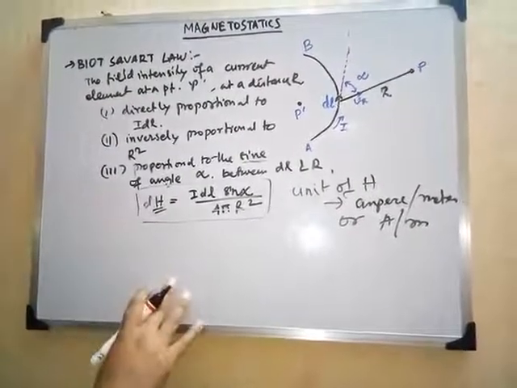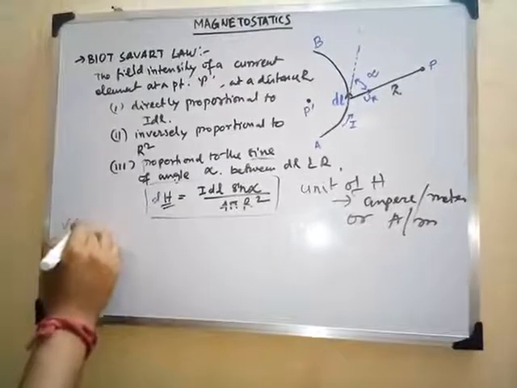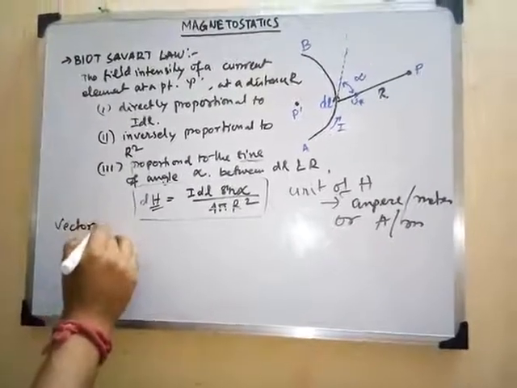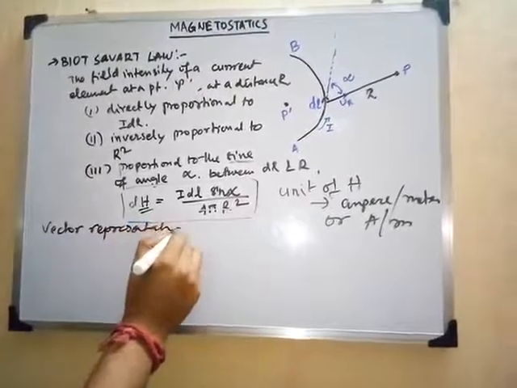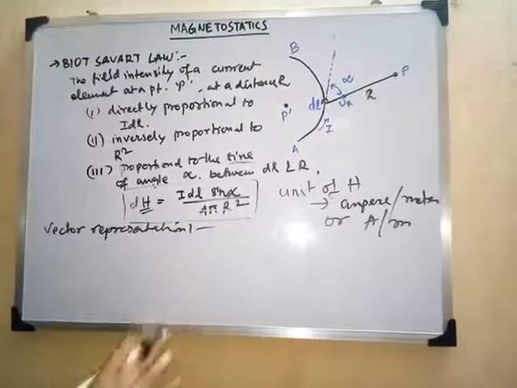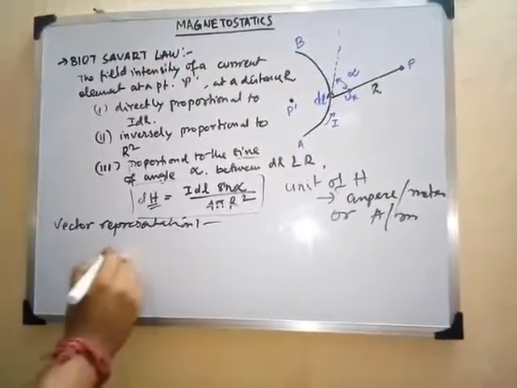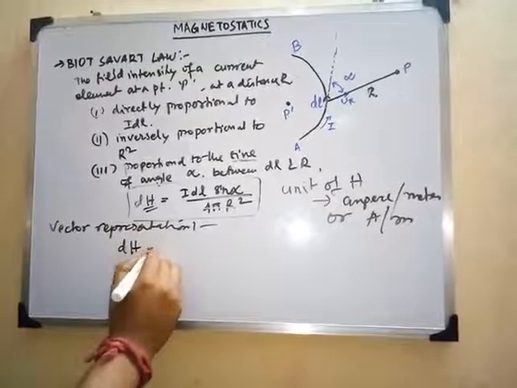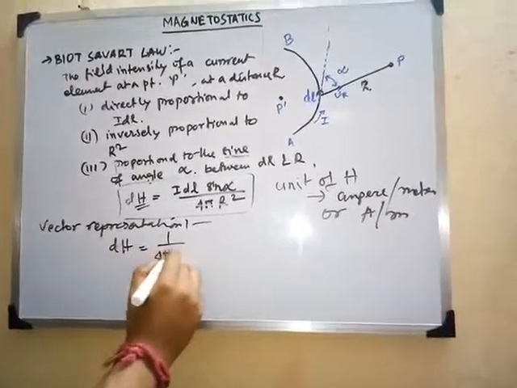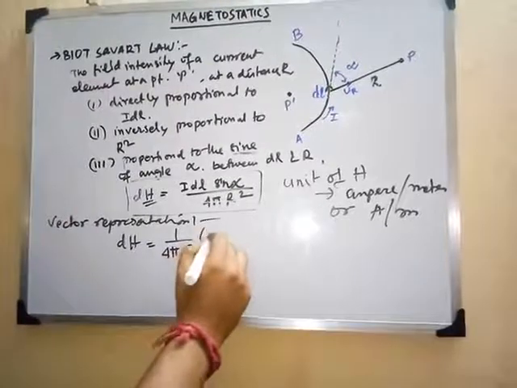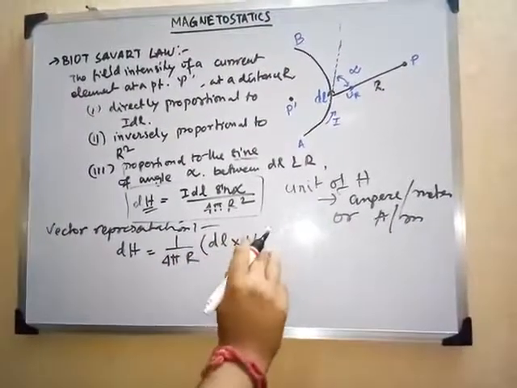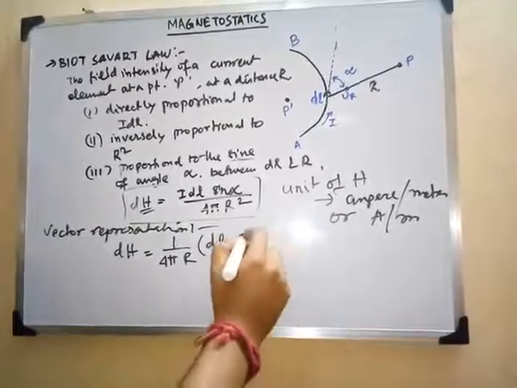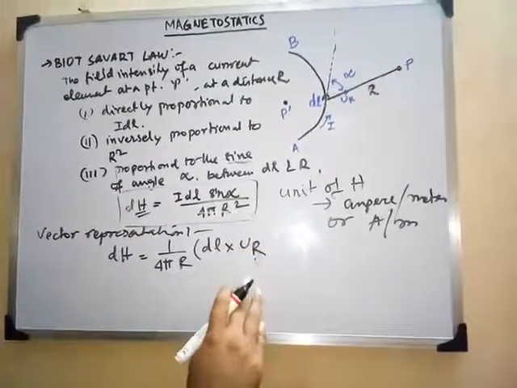After this discussion, we will also know the vector representation of the same thing. So let us write the vector representation. For vector representation, we simply represent dH equals 1 by 4 pi R square, dL cross u_R, where u_R is the unit vector, right?